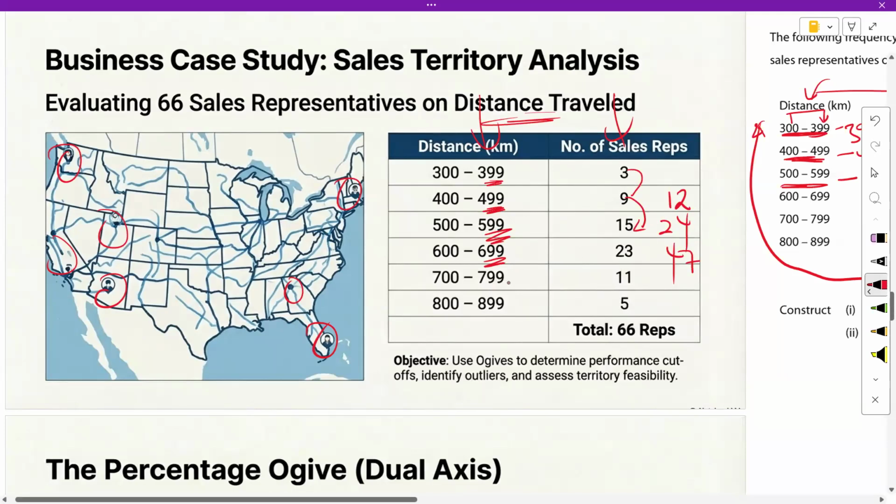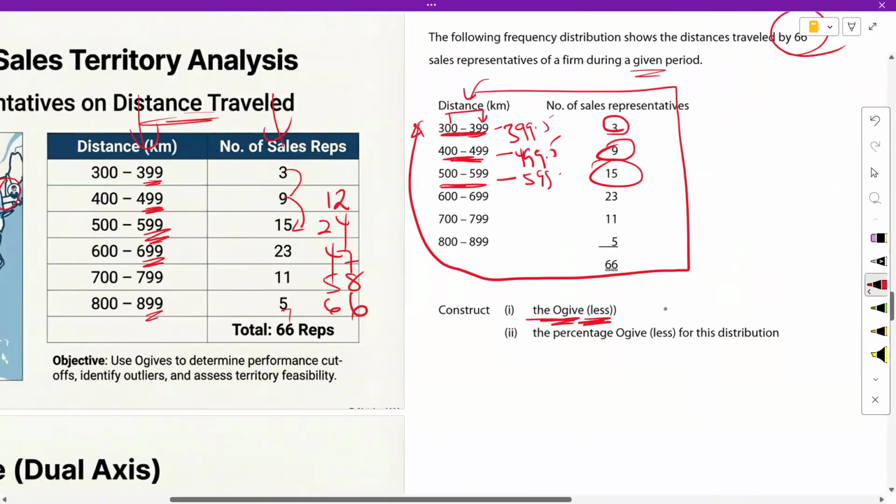Less than 799, 58. And less than 899 is 66. There are some calculation differences.